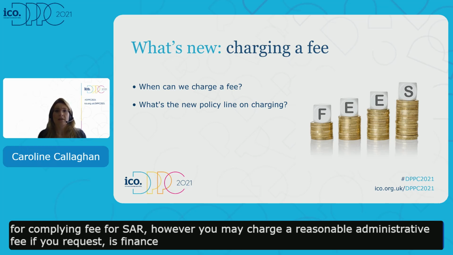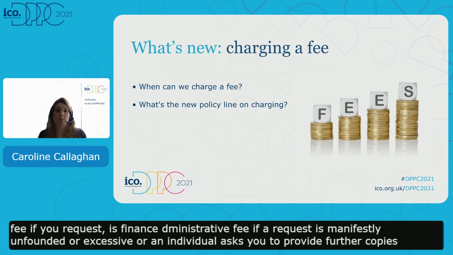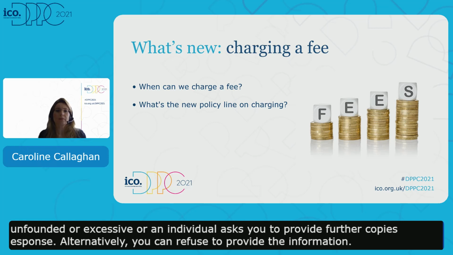If you are charging a fee, you can take into account the administrative costs of assessing whether you hold the information, locating, retrieving and extracting the information, providing and communicating the response, even if you're not providing the information, and that's likely to be the case, for example, if an exemption applies.